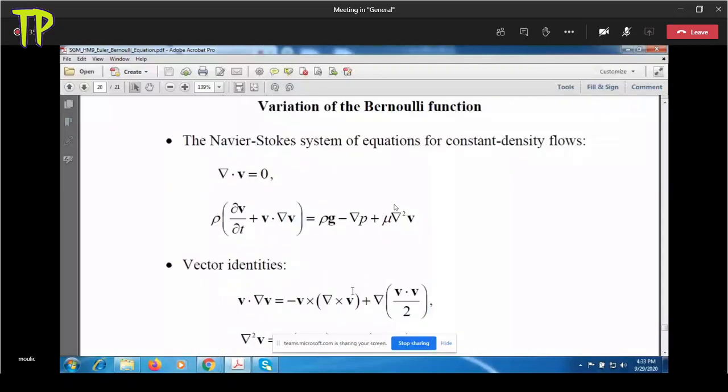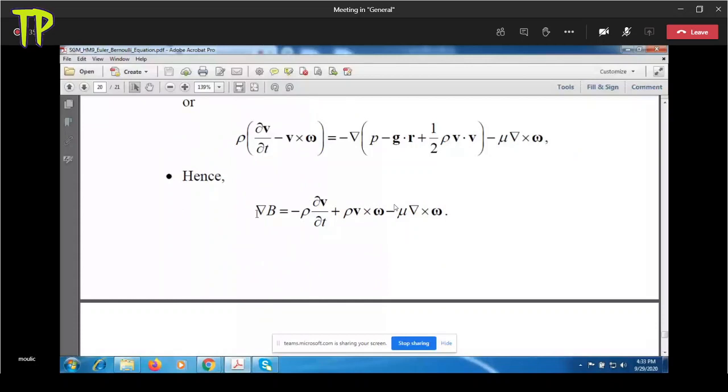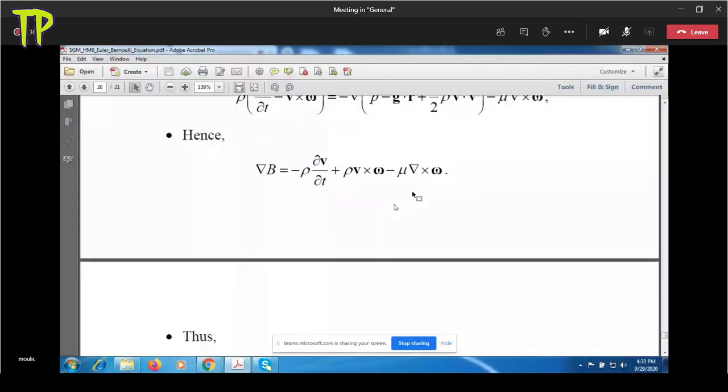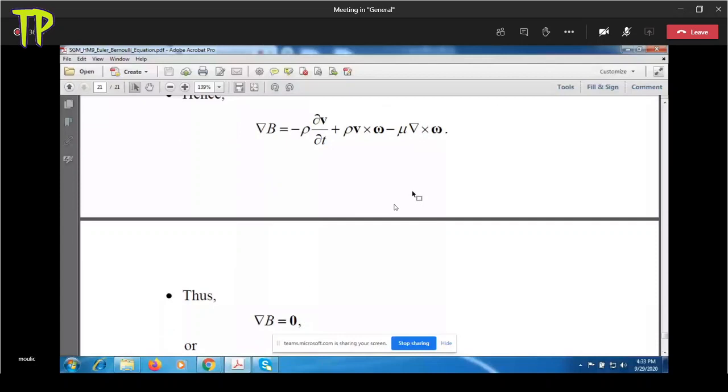Now this tells you what are the quantities or physical mechanisms which cause a change in B. One is unsteadiness, one is the vorticity, and the other is again the viscous effect related to vorticity. So grad B will be the zero vector if the three terms on the right hand side are 0.